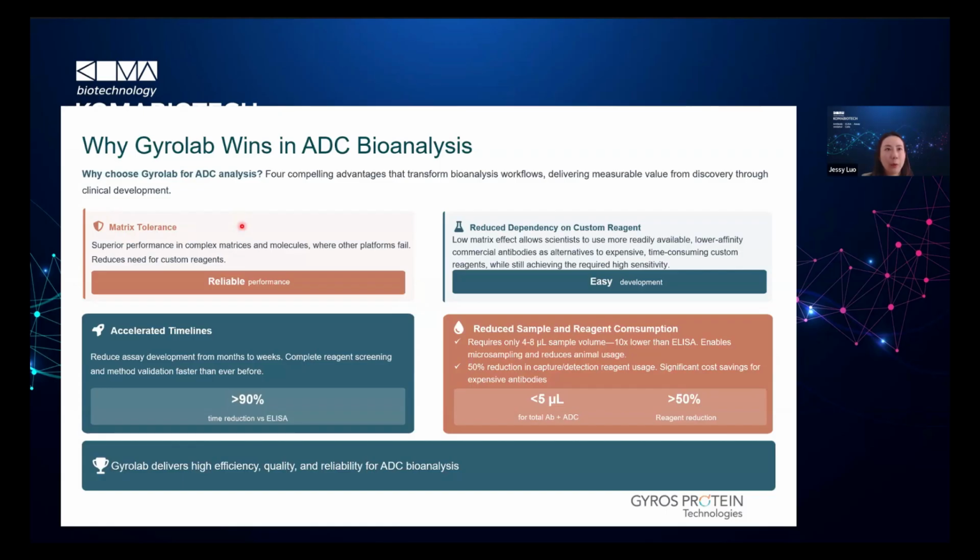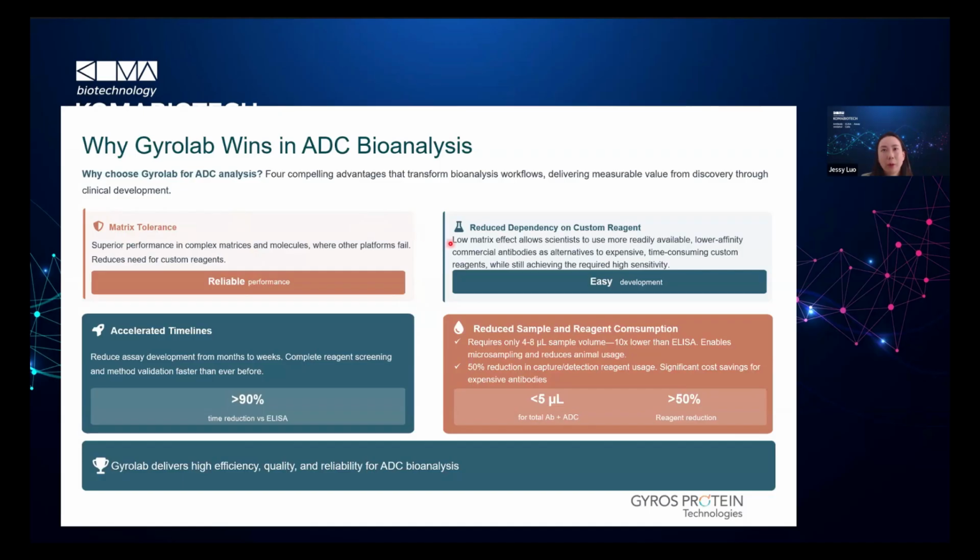In that way, we could support different and complex samples, as well as some low affinity molecules that may be easily influenced by matrix effect. Thus we could get more reliable data performance.